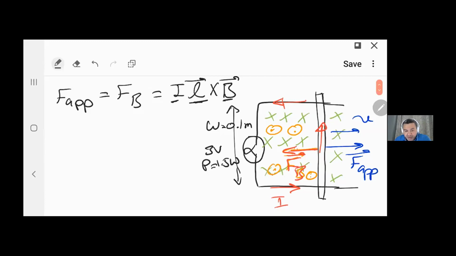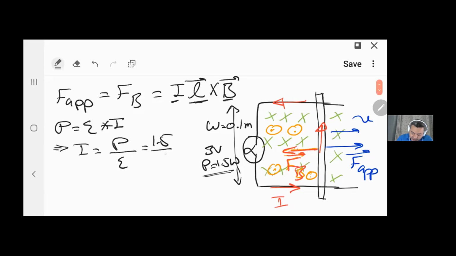So at 3 volts, we can find the current. So power is the electromotive force times I, which means I is P divided by the electromotive force, and P is 1.5 divided by 3.